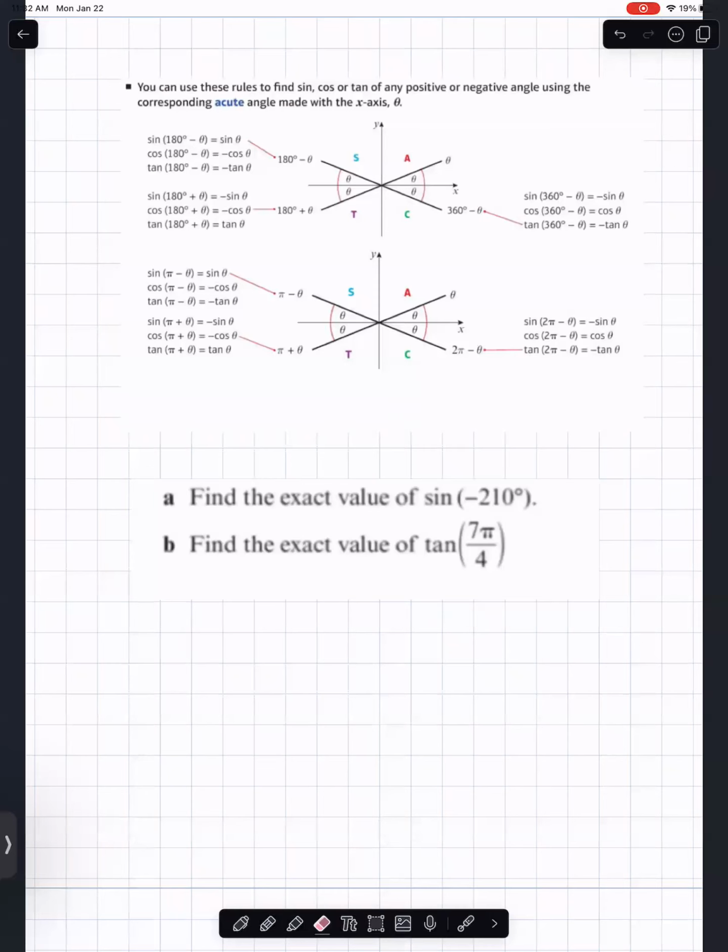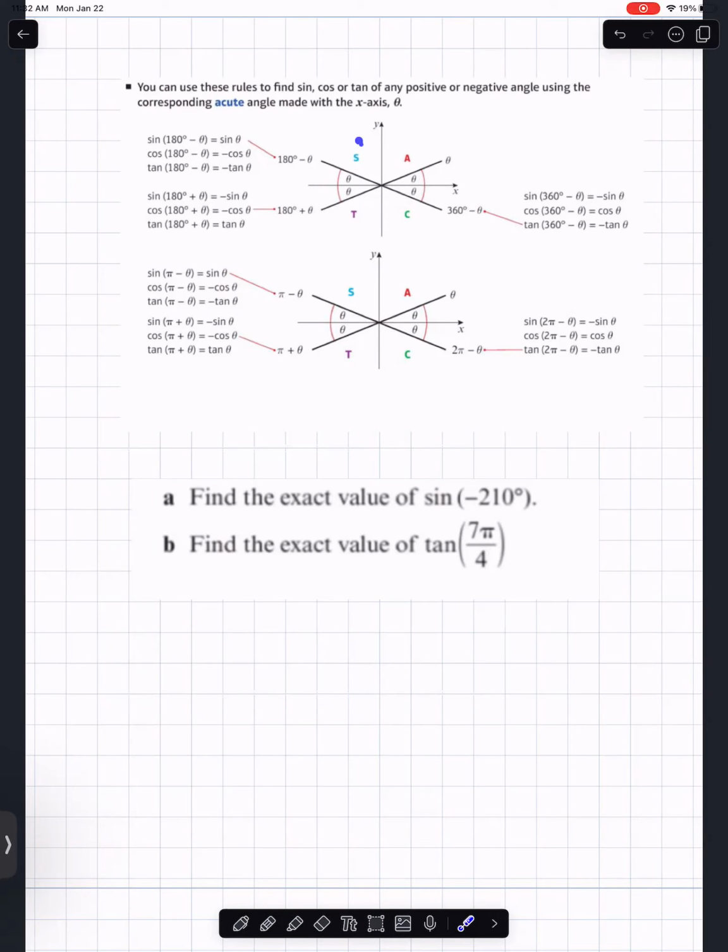So looking at this now, we are going to use this rule to find sine, cos, or tan of any positive or negative angle using the corresponding angles marked to the x-axis. Like we said earlier, all is positive in the first quadrant, so nothing is being done there.